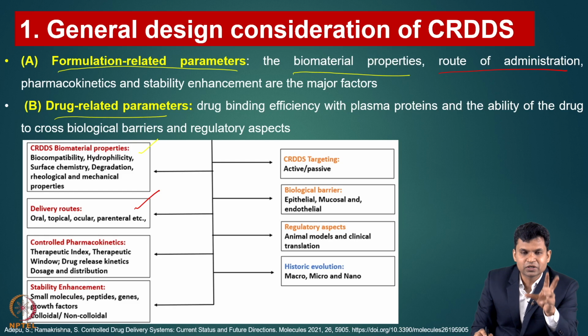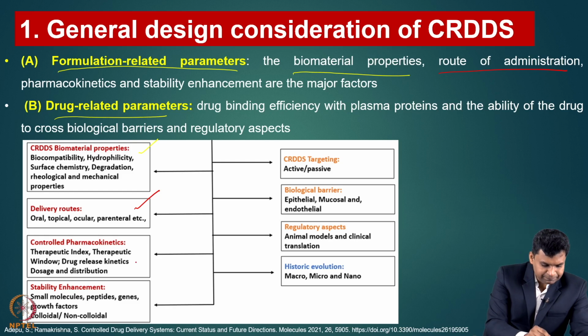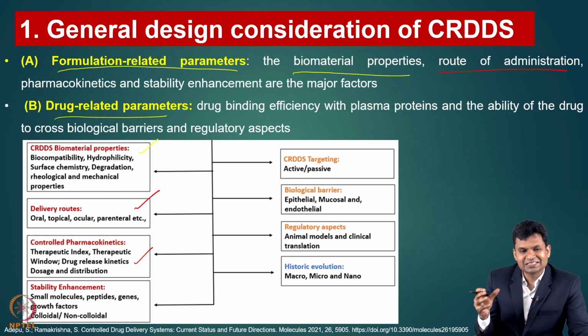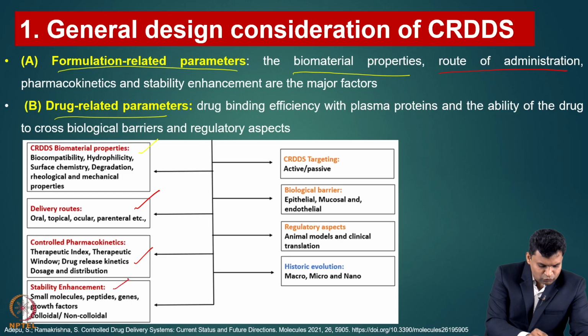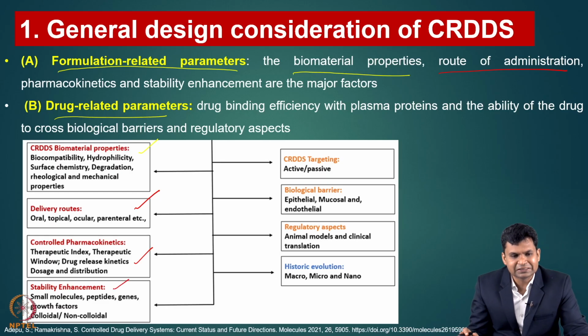So, we need to focus on what the delivery route is, and then the pharmacokinetic parameters we also need to consider. That we are going to see in today's presentation: therapeutic index and therapeutic window, drug release mechanism and the dosage forms. And also your formulation needs to be stabilized, because here we are going to use various biological molecules and those need to be stabilized.